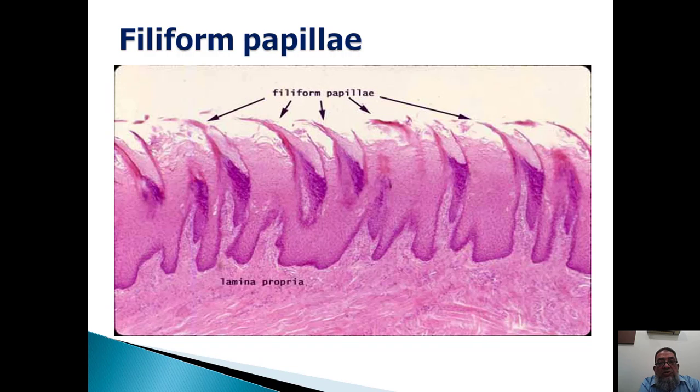Now look at the picture of the filiform papillae. It is a mucosal fold. Look at the tip: it is pointing and projecting toward the surface. This tip is sometimes stratified squamous keratinized epithelium because of the constant rubbing and friction, which makes this epithelium harden.